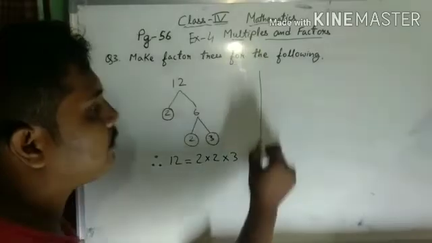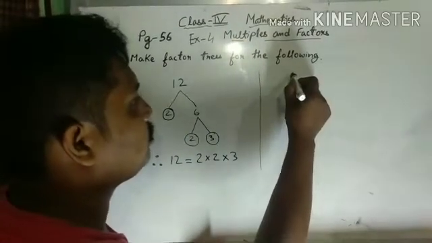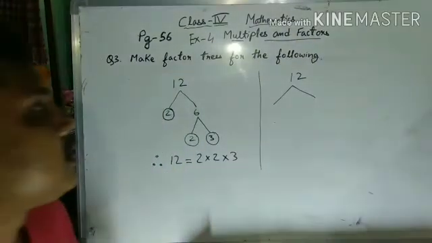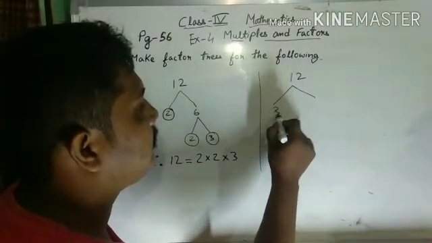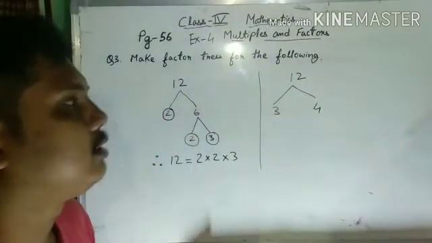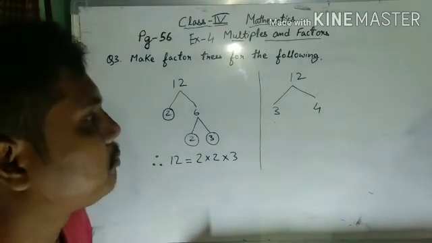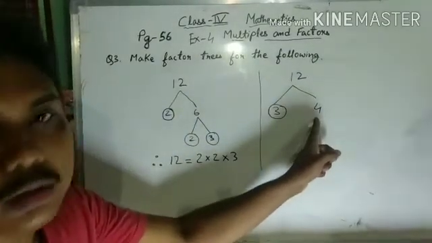You can do it in a different way also. Another option I will show you. For 12, you can write different numbers but not 1. Suppose here I am writing 3 fours are 12. Next we have to see which is prime. 3 is prime, so we circle this, but 4 is not prime.